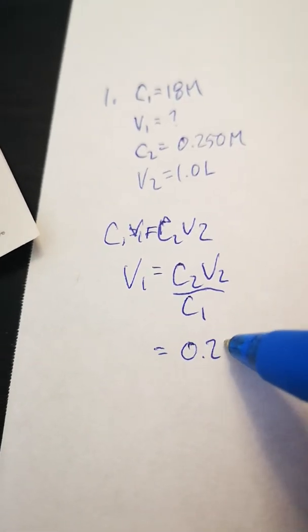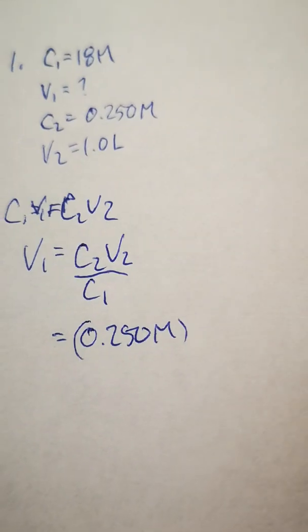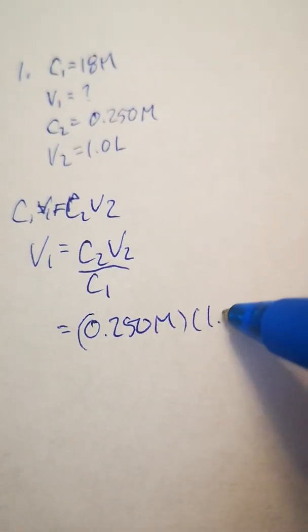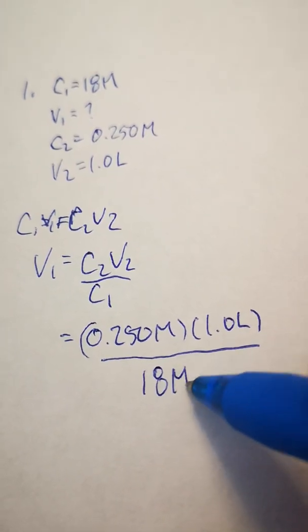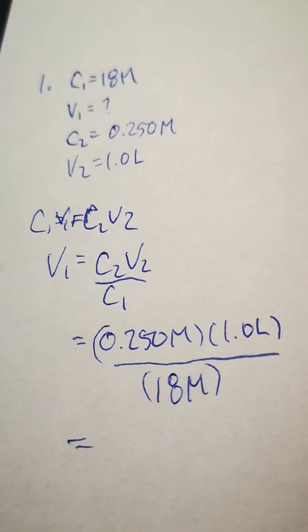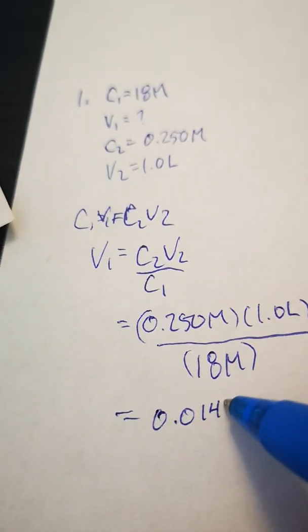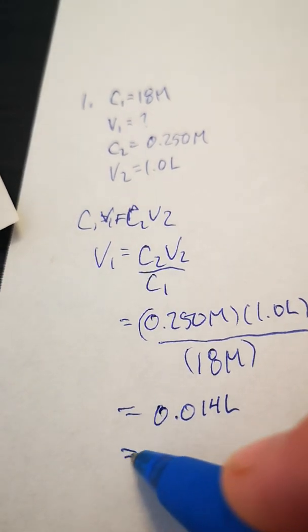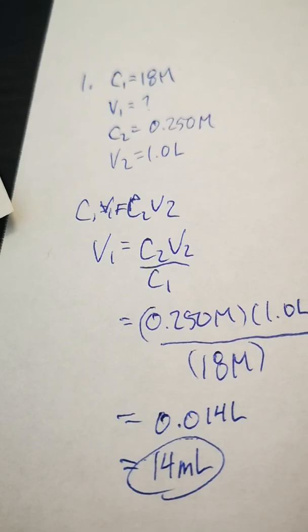Our final concentration, 0.250 molar, and our final volume, 1.0 liters, divided by 18 molar, gives us 0.014 liters, or 14 milliliters.